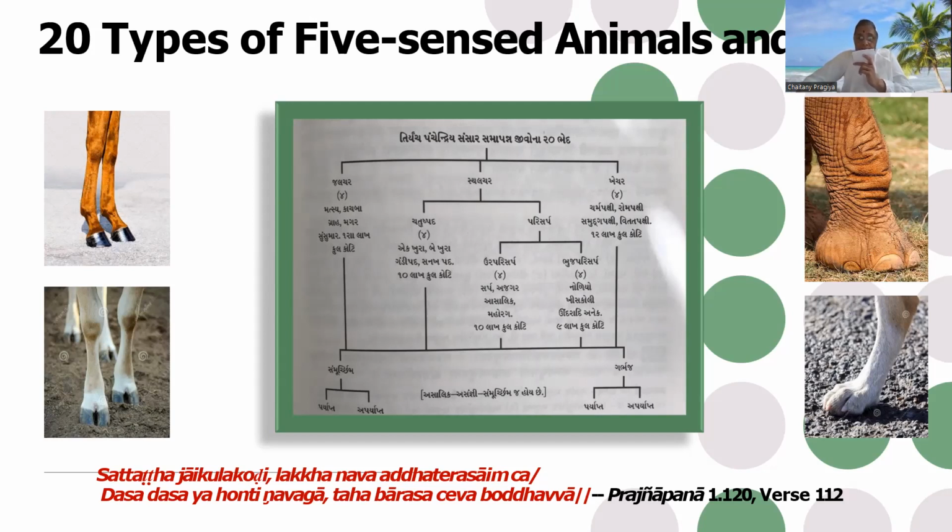And the reptiles are again of two types: Urparisarpa and Bhujparisarpa. Urparisarpa are the reptiles which move with the support of their chest, and Bhujparisarpa are the reptiles which move with the support of their arms. So these reptiles are categorized into two categories.